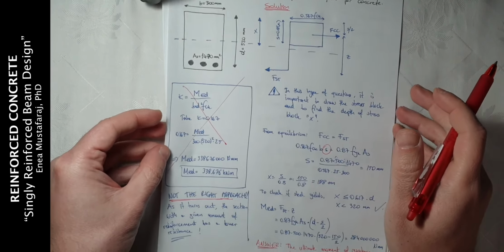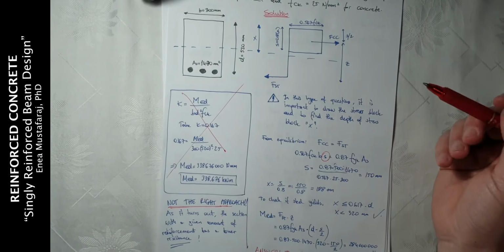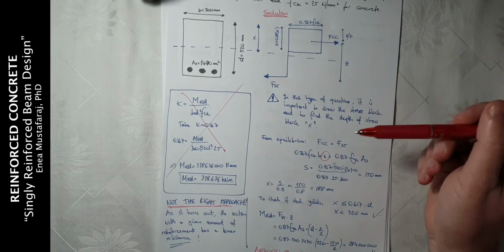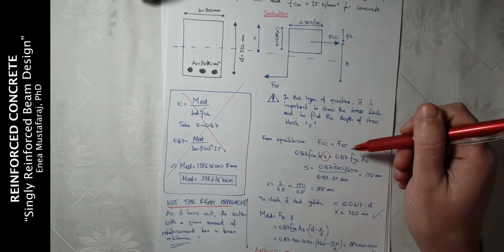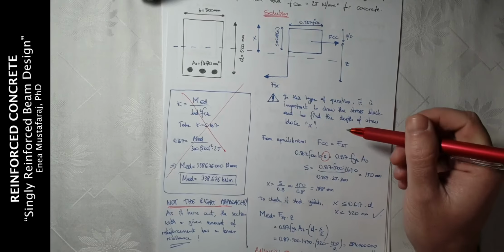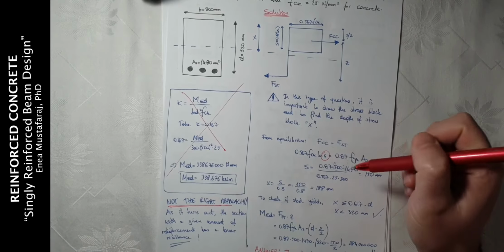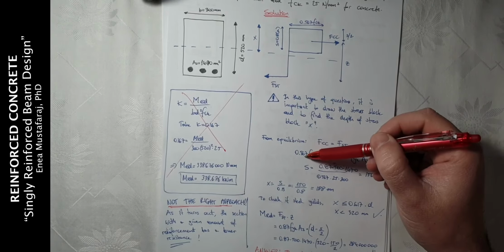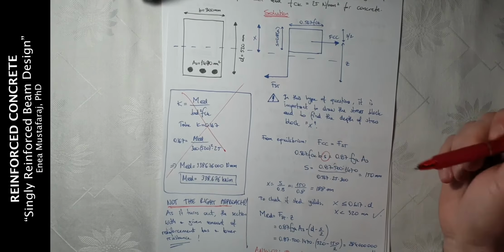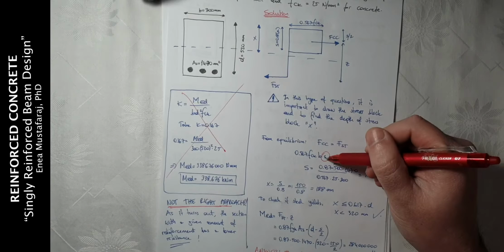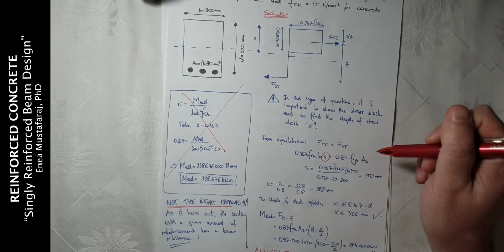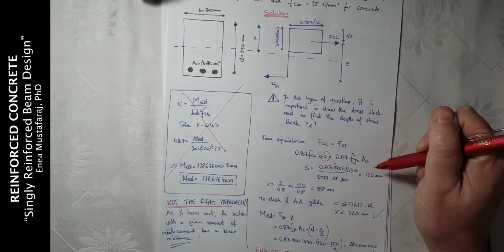In this type of question, from equilibrium we need to balance the force of concrete in compression and the force of steel in tension. The formula for Fcc is 0.567 times fck times width times s, which is equal to 0.87 fyk times As.